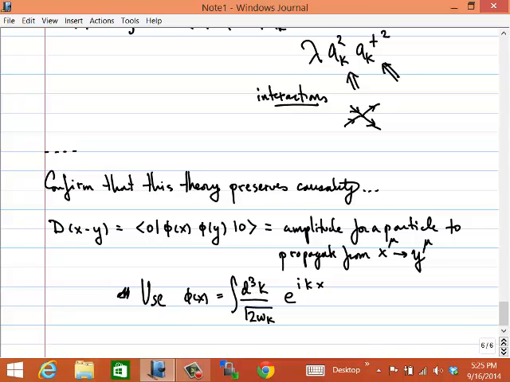Just for convenience, I'll leave off that mu label to make my formulas a little bit shorter.